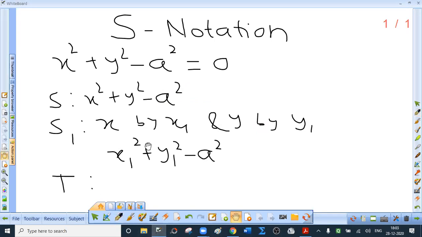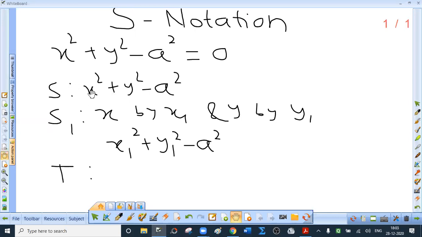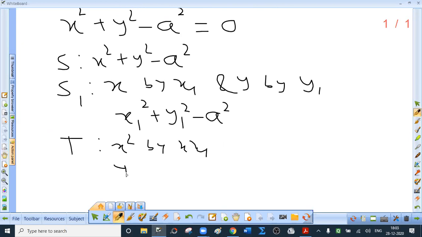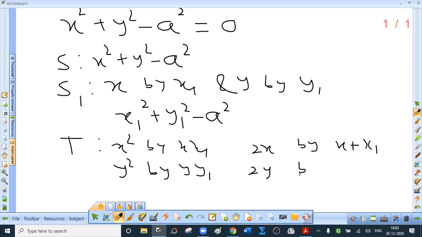Now the third part is interesting. An expression obtained from S only, from this original, by replacing x square by xx1, y square by yy1. 2x actually means x plus x, so 2x is replaced by x plus x1. 2y is actually y plus y, so 2y is to be replaced by y plus y1.